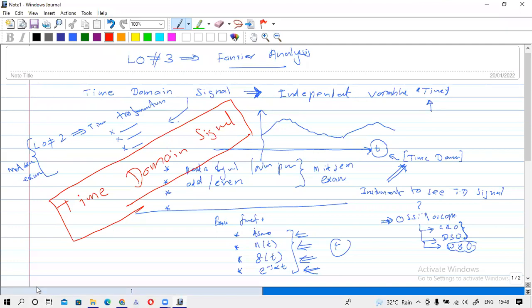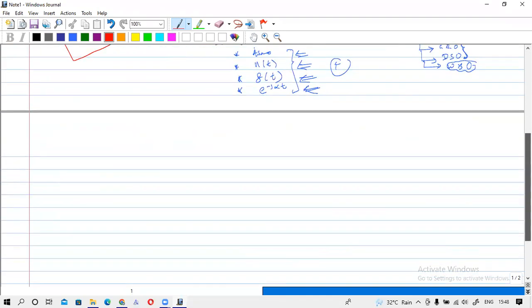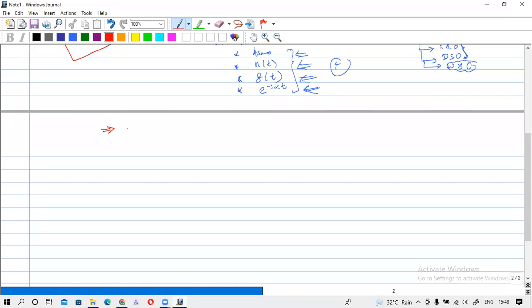Now we are going to see the signal in another way. That is from frequency.